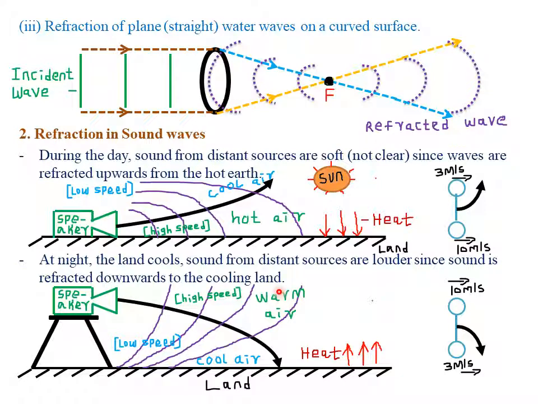When air is warm, it means its temperature is high, therefore the kinetic energy of the air is also high. When the air has a lot of kinetic energy, it is able to move at a faster rate. Therefore, the wavefronts at the higher ground are moving at a faster rate. Therefore, the sound wave from the speaker will be refracted downwards.